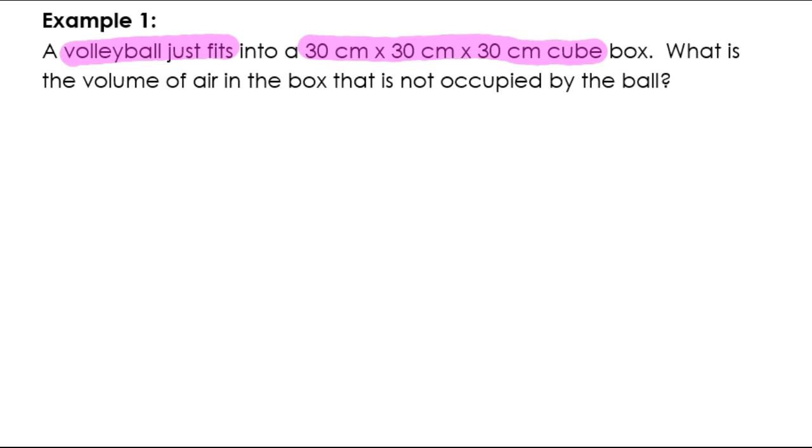Those are given pieces of information that I can use to create a diagram. The next part, what is the volume of air in the box that is not occupied by the ball? You may want to underline that in a different color because that's actually what you're asked to find.